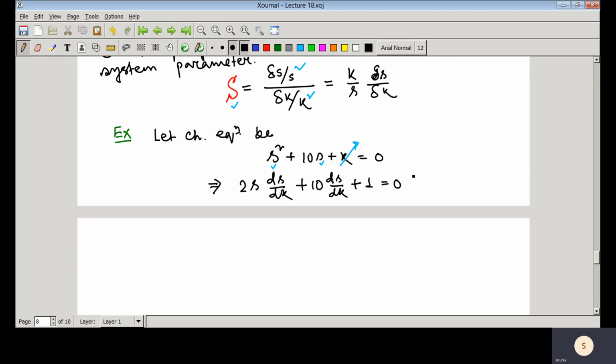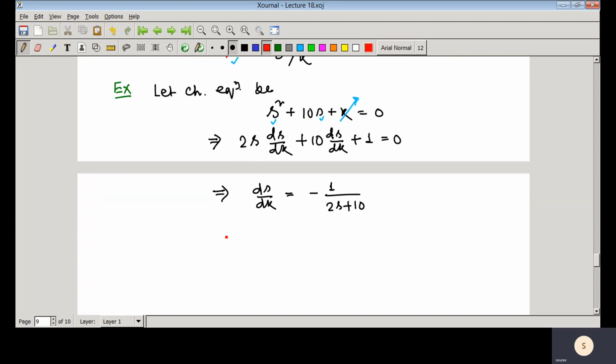Here K is the variable, and from here we can find dS by dK. That would be equal to minus 1 by 2S plus 10.